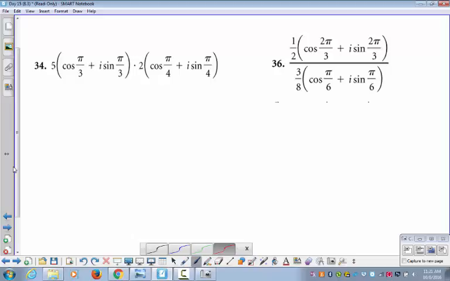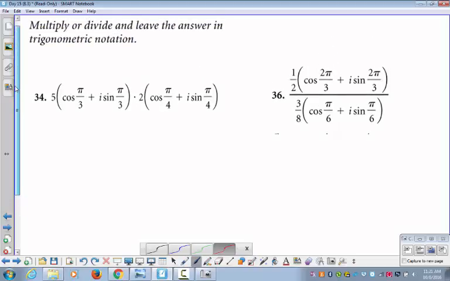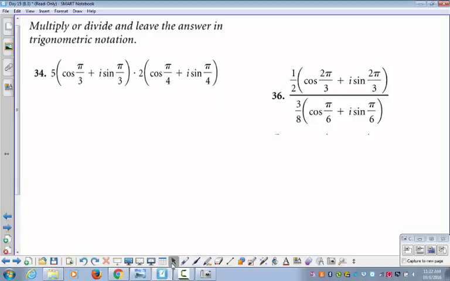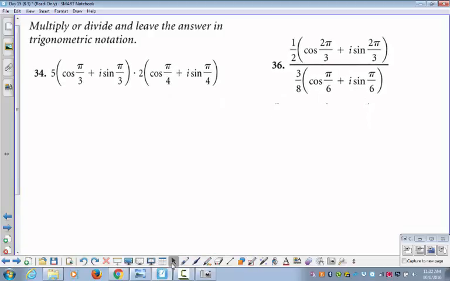Now these two at least are in trigonometric form already. You don't have to convert. And it says just leave in trigonometric form. So you don't have to convert back. So we'll just do these two in trig form.